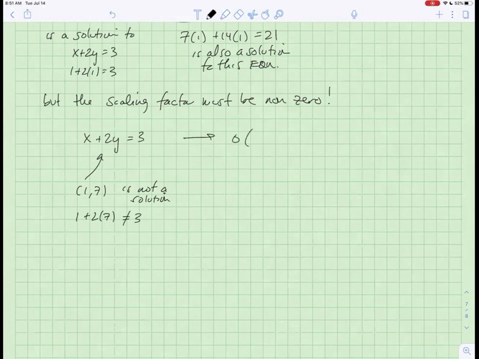If we multiply this by 0, we get 0x plus 0y equals 0. And then 1 comma 7 is 0 times 1 plus 0 times 7 equals 0, and it becomes a solution.